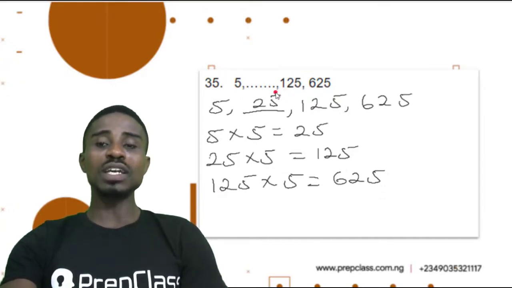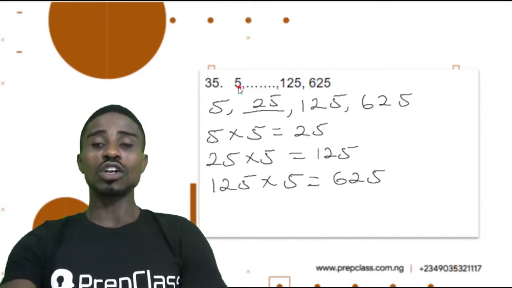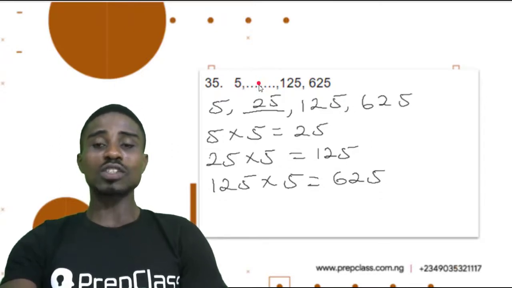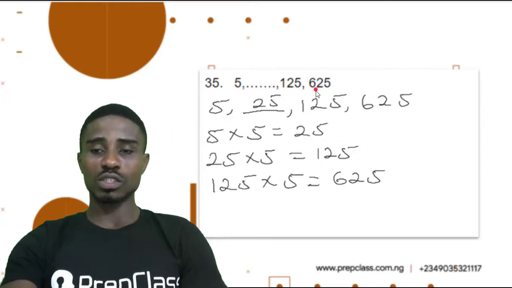So it basically means this number here must be a multiplication of 5 as well. So 5 times 5 will give us this number here. Then this number here times 5 will give us 125. Then 125 times 5 will give us 625.